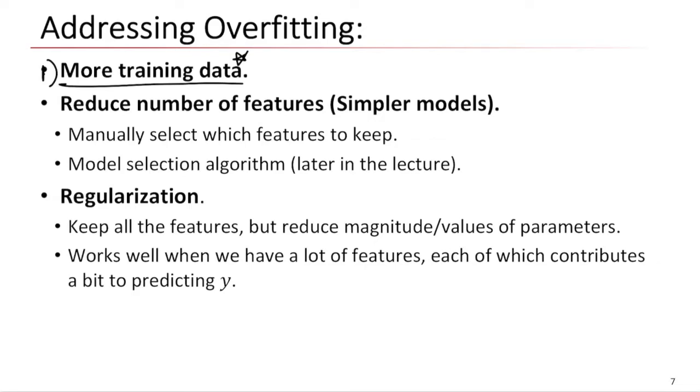So the first thing we can do is to use more training data, right? The second thing we can do is to reduce the number of features, or just use a simpler model.